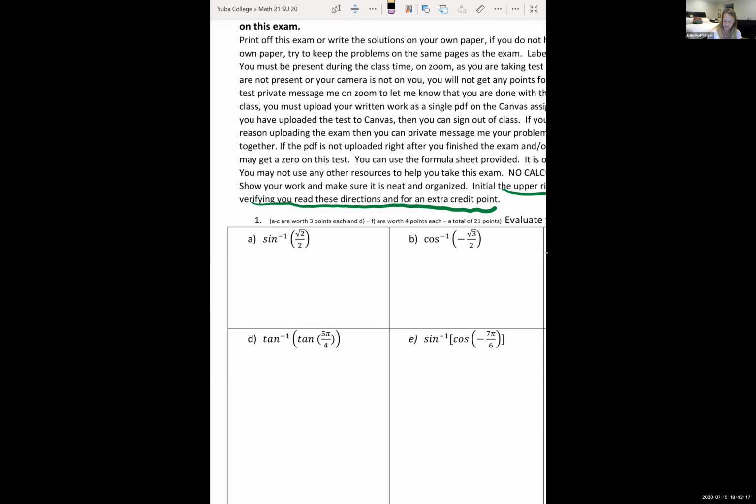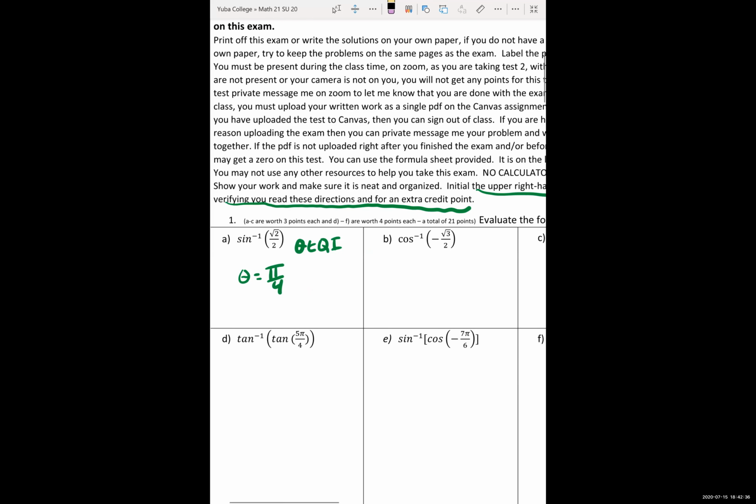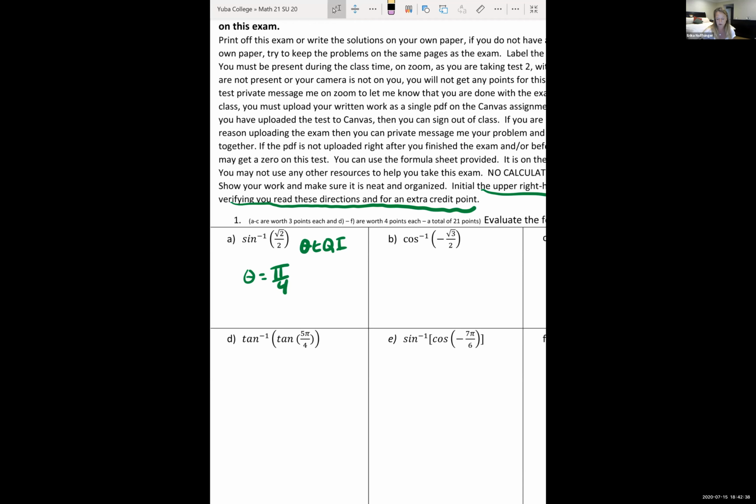This tells me that theta is in quadrant 1, and that this theta is equal to pi fourths. Here, cosine inverse, oops, and so that was worth 3 points. So give yourself 3 points if you got that right.